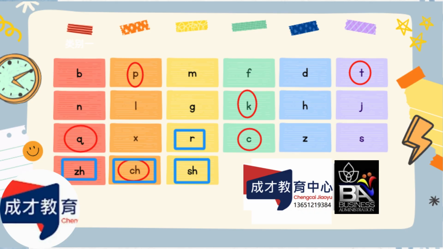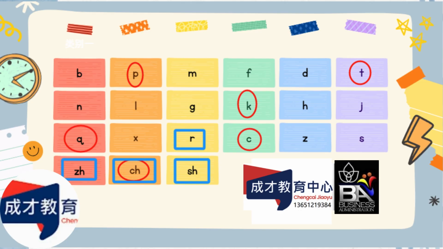Okay, let's practice. When we pronounce C and CH, we have to make sure that there is air coming out from our mouth, and for CH, we have to pull our tongue. So we see the circle, the red one. If you find the letter with the red circle, you have to make sure that you pronounce it with the air coming out from your mouth.